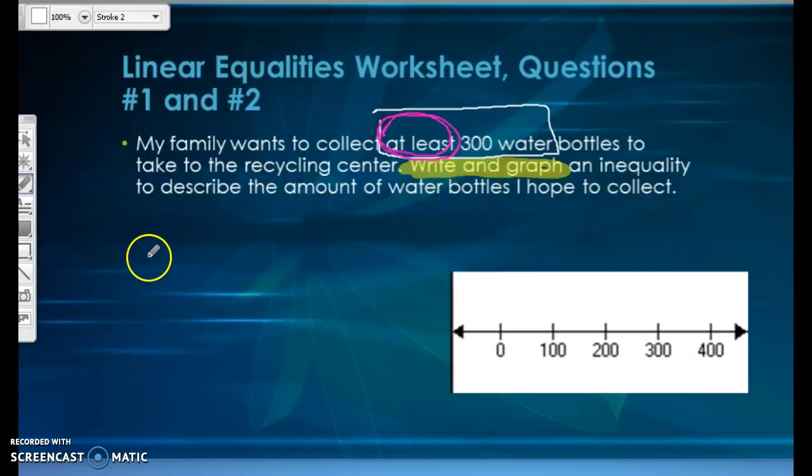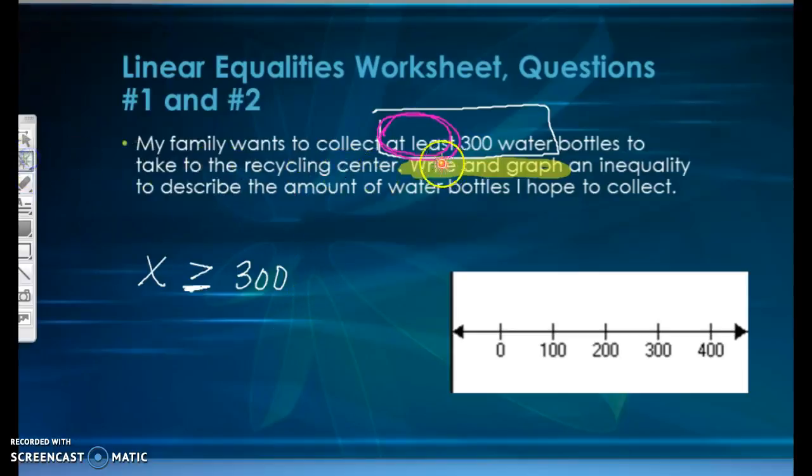So I'm going to say my family wants to collect at least 300 water bottles. So that is telling me that they can collect 300, but I want them to do it in the form of x needs to be greater than or equal to 300, right? Because I would really like to have more than 300.